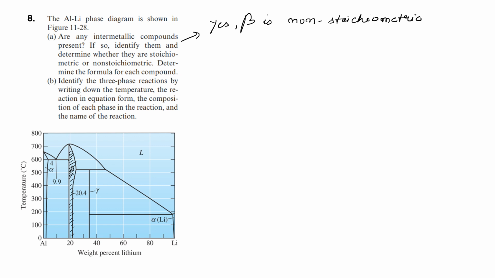And determine the formula for each compound. Okay. So for beta we have it centered about 21. It's centered at around 21 weight percentage of lithium. So we need atomic percent of lithium, because weight percent will not give us the formula. The chemical formula is given by the atomic percent.